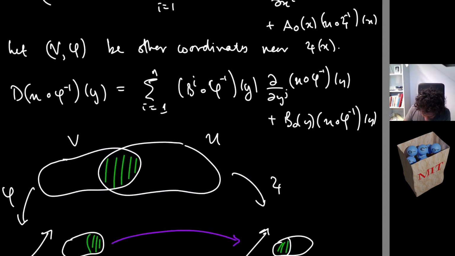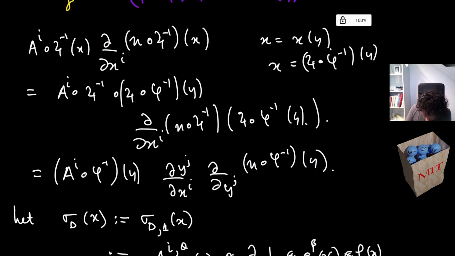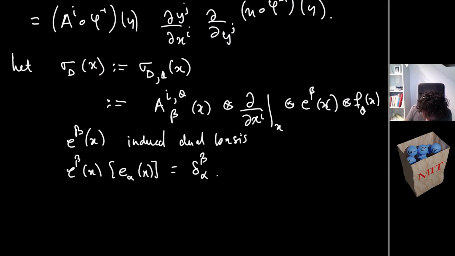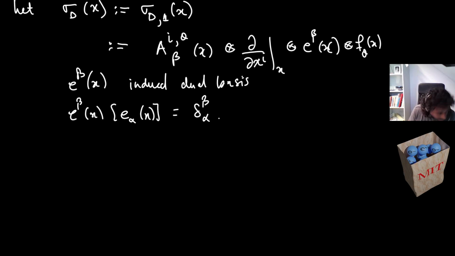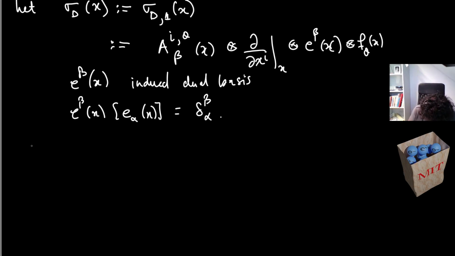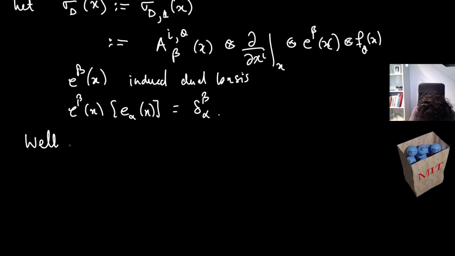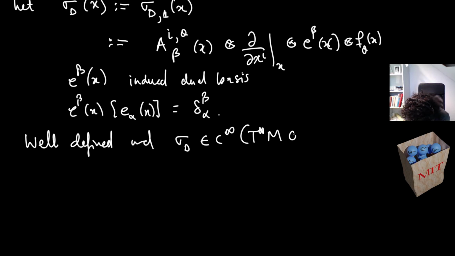And of course, this transformation rule exactly tells us that this top order object is well defined, and it's a smooth section in T star of M tensor E star tensor F.